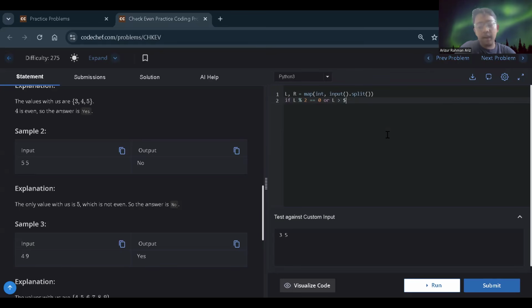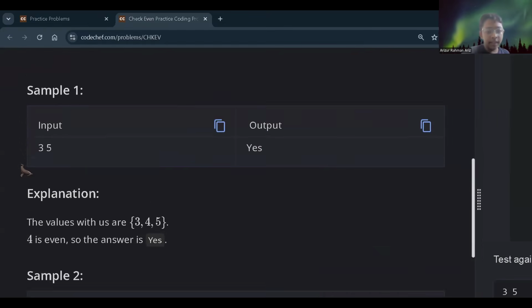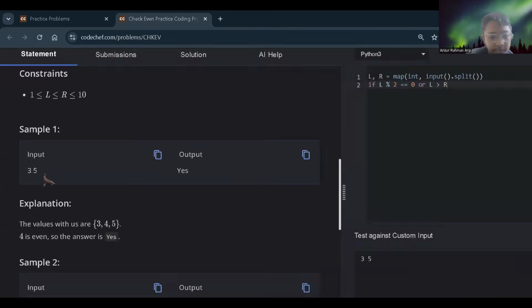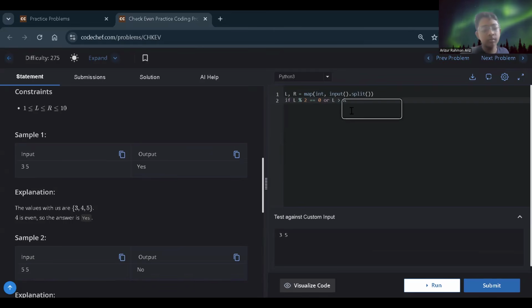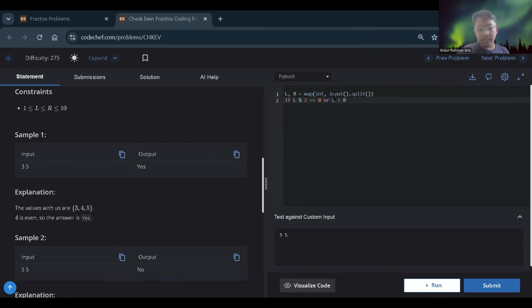more than R. Because when the sequence is longer, for example, this one. Here L is, yeah, I'm correct. Wait, this can't be true. L cannot be greater than R actually. Okay.